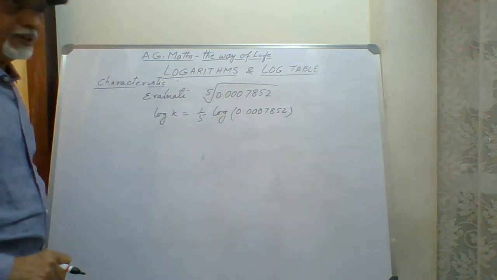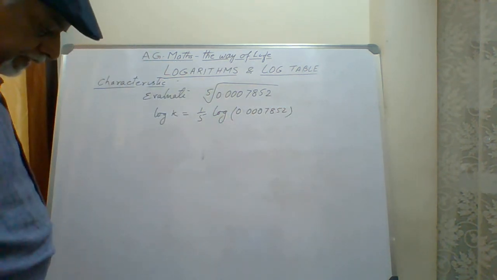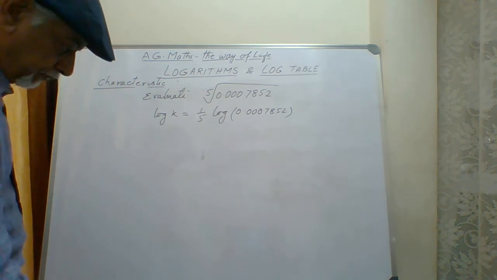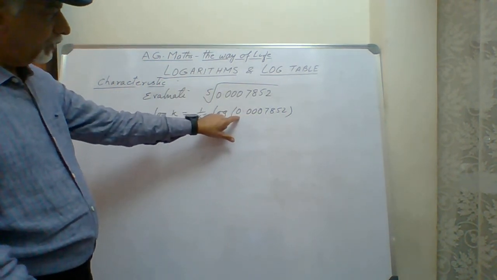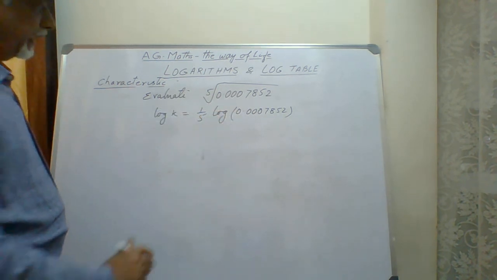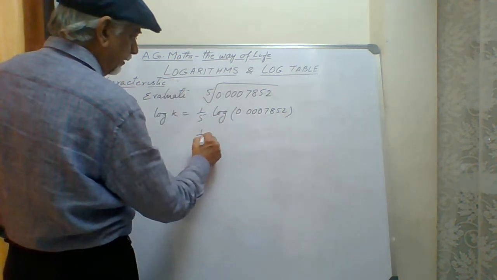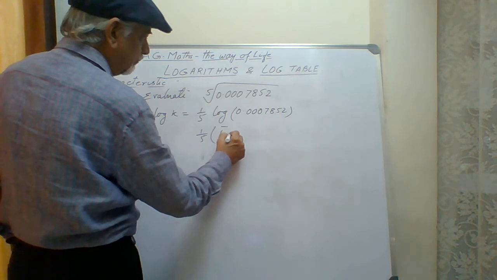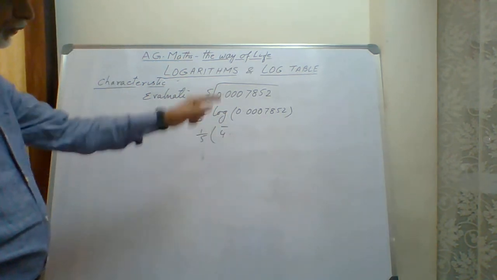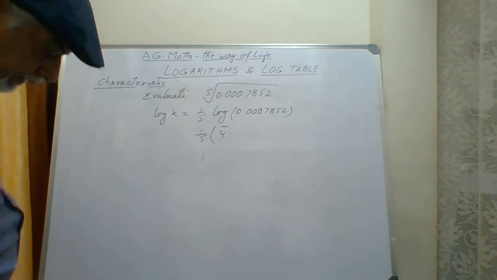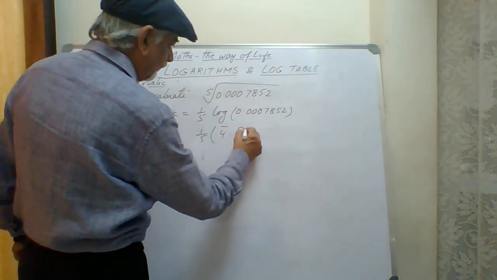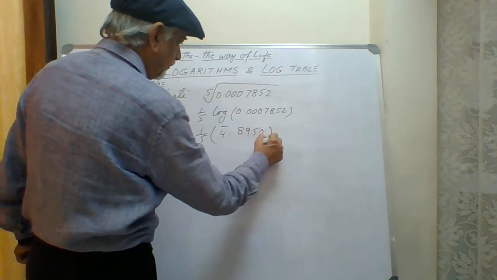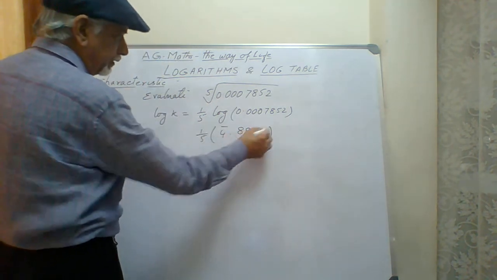Now writing in the shape of characteristic and mantissa, how many zeros are there? 3 after the decimal, 1 before, so the total is 4. We write 4 bar, so it is 4 bar point 7852. We find the mantissa, and that mantissa has come as 8950. Now division of this by 5.